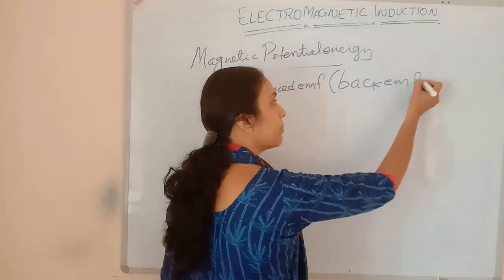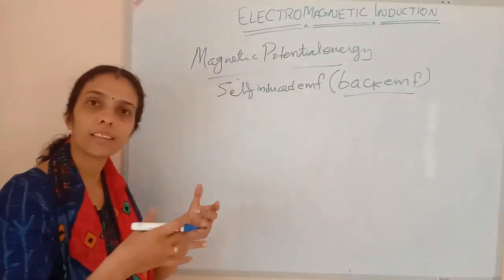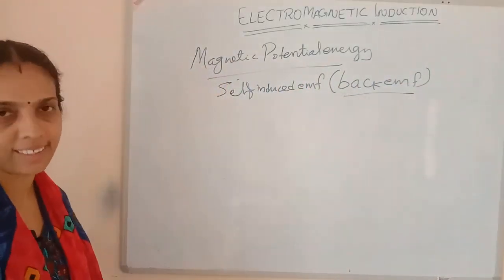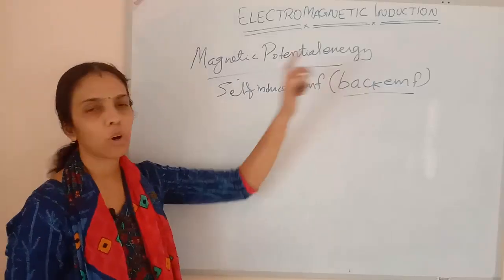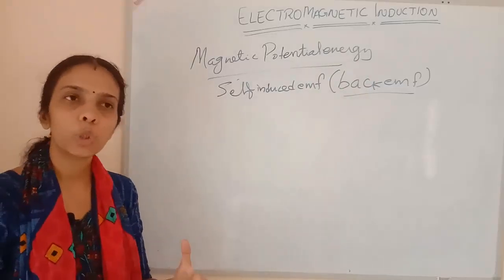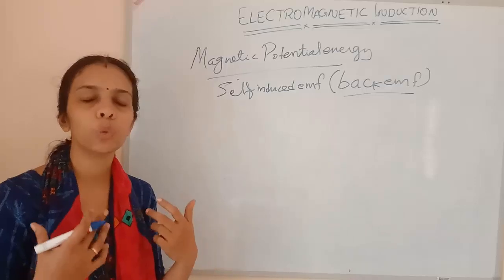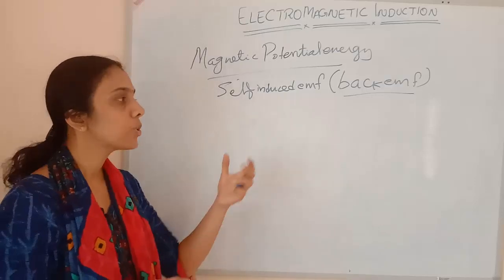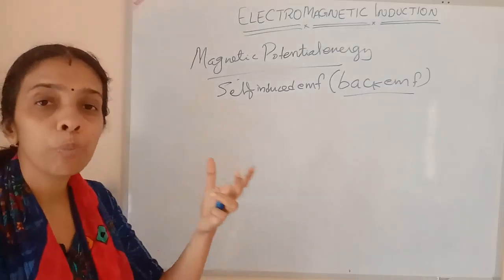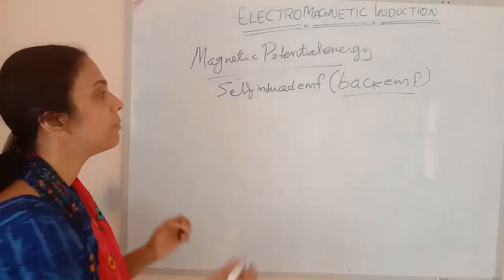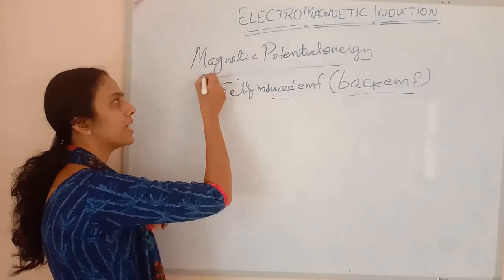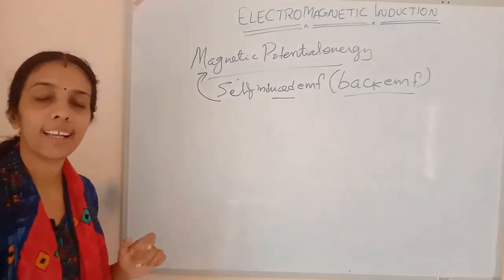What is the reason? Because it is opposing the change in current, isn't it? Because of that we call it back EMF. So to oppose something we should do some work, isn't it? So that work done to oppose this current will be stored as magnetic potential energy.